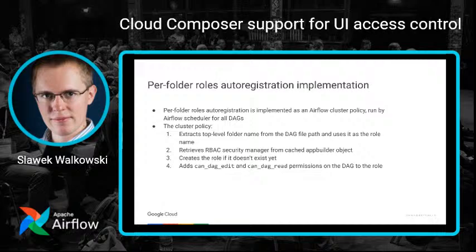Then we create the role if it doesn't exist yet, and we add the can DAG edit and read permissions on the given DAG to the role, and we do this for all the roles.